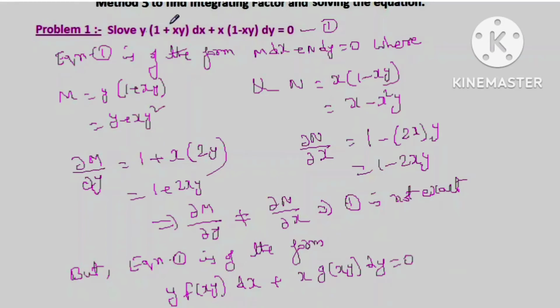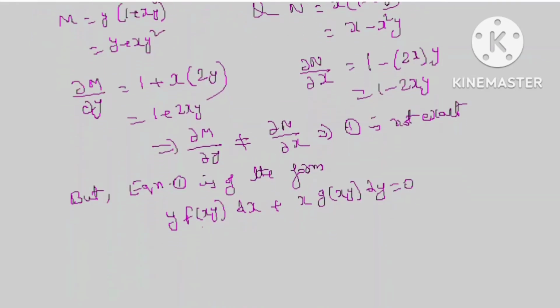So y into some function of xy, f of xy, plus x into a function of xy, g of xy, dy is equal to 0. And what is the second condition? If it is of this form, we have to find whether Mx minus Ny is equal to 0 or not.